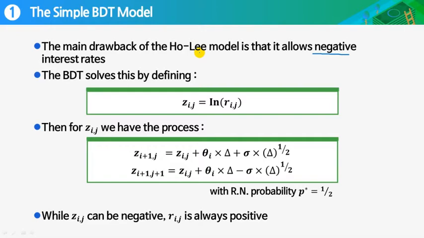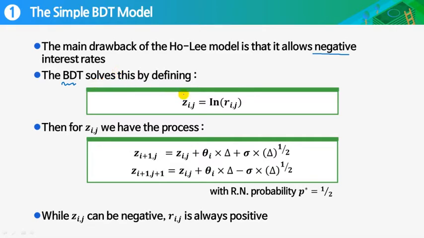So as an alternative to the Ho-Lee model, or a slight modification of it, we have the BDT model. The BDT model basically models the exponential of the interest rate, therefore it is always positive.